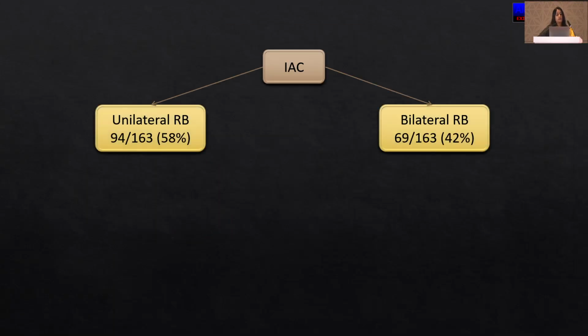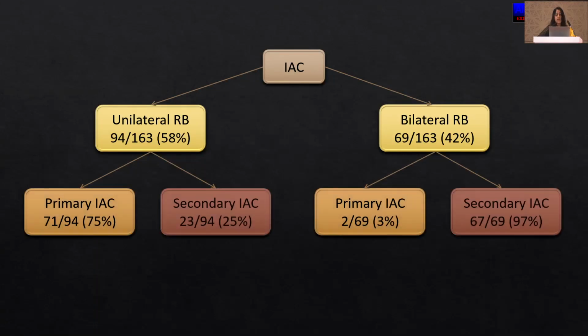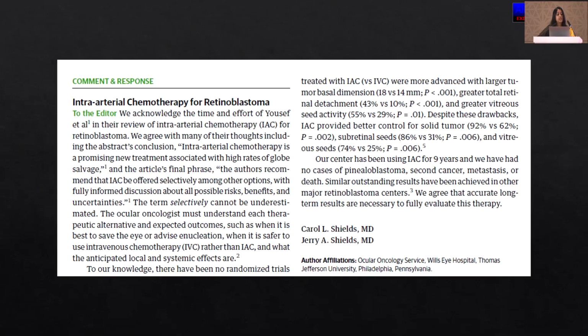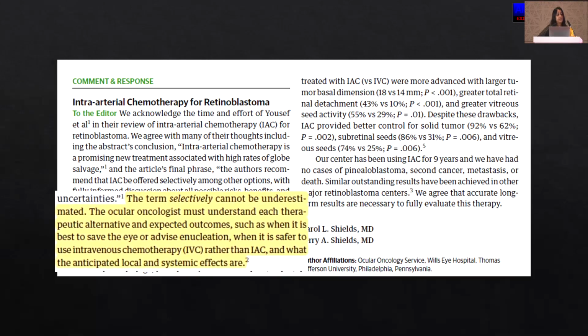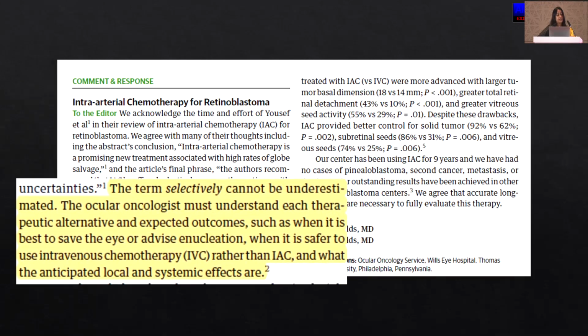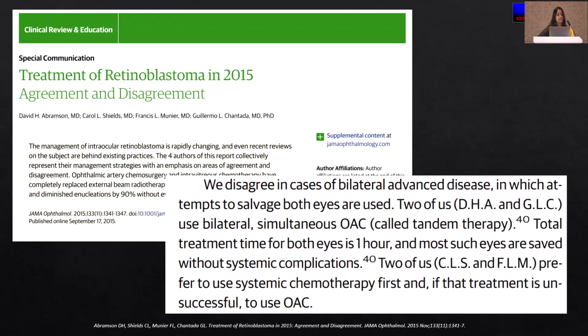We gave infusions to unilateral and bilateral RB cases as primary IAC and secondary IAC. And we saw a strikingly low number, 3%, of primary IAC in bilateral cases. This is based on the study stated earlier by Shields, that we must think about IVC over IAC in bilateral cases because the priority is to save life.